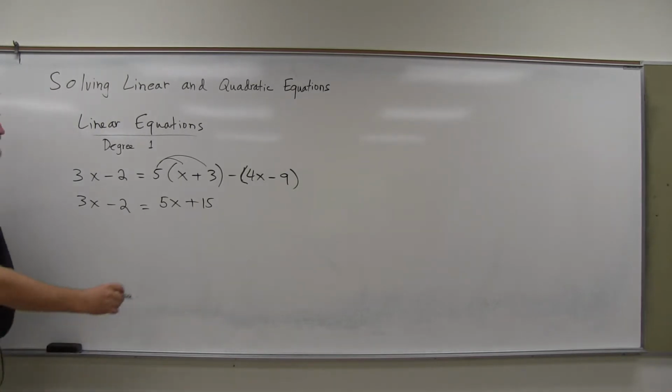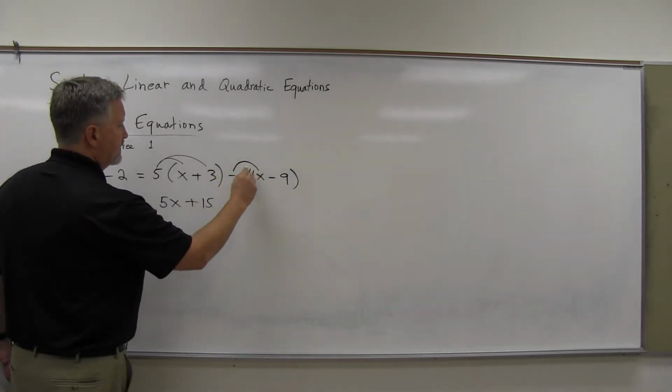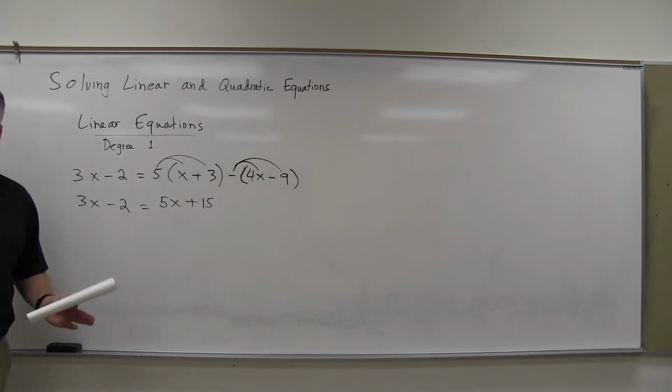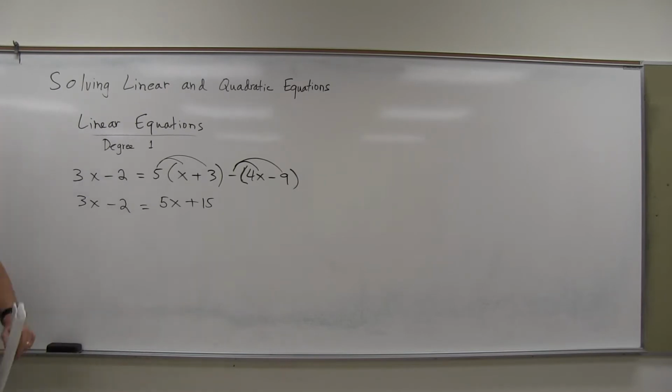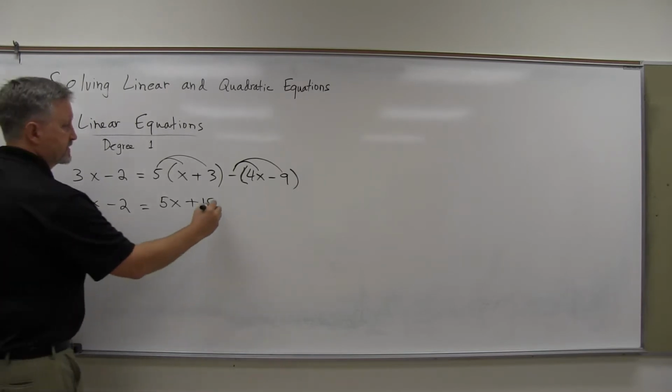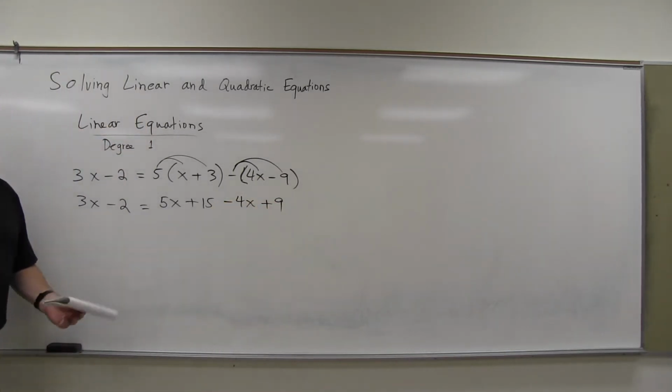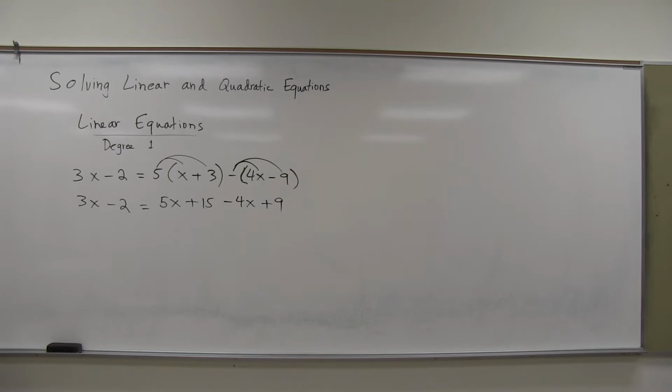Then similarly, we'll have to distribute the minus, which is understood to be a minus 1. So we're multiplying inside the parentheses by a negative 1, which makes it minus 4x plus 9. It changes the signs of what's inside the parentheses.